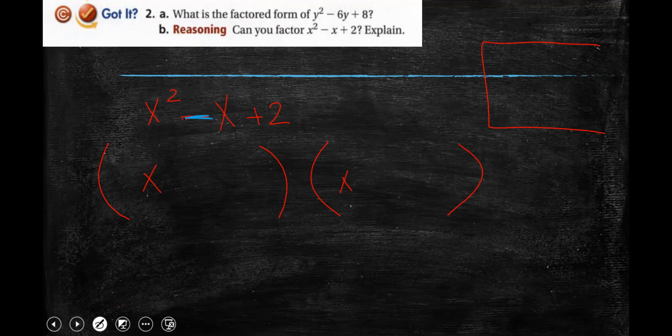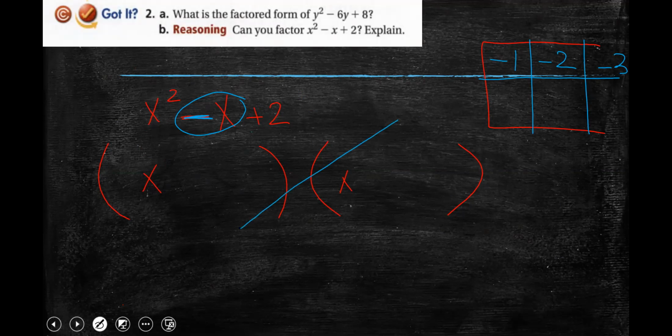If you multiply them, you get positive 2. What are the numbers that, if you multiply them, you get positive 2? It could be negative 1, negative 2. Now, if you add them, you have negative 3, but you must get negative 1.